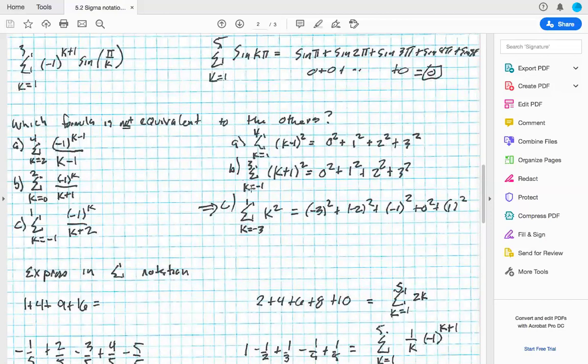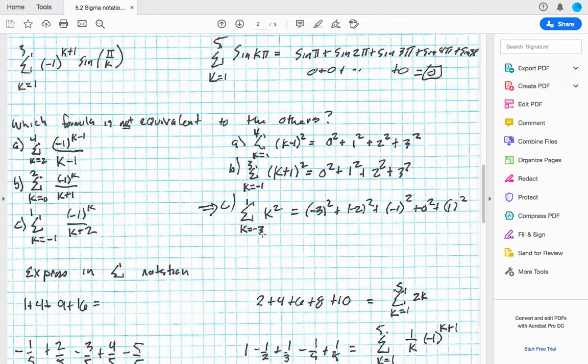Here we have the sum of k equals negative 1 to 3 of k plus 1 squared. Plug our negative 1 in. Then we go to 0, then we go to 1, then we go to 2, then we go to 3. Plugging these things in, excuse me, we're going to get that right here.